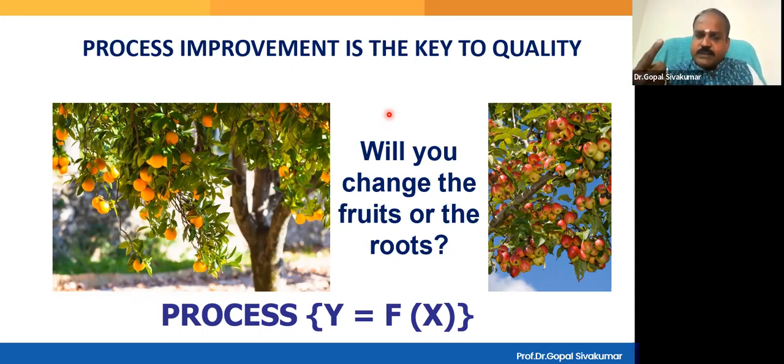If it is only one x, the root cause is a single root cause. If I allow many of my x to deteriorate, then there are multiple root causes. If the problem is due to one root cause, it's a simple problem. If it is due to multiple root causes, then it is a complex problem, right? So output, input, dependent variable, independent variable.